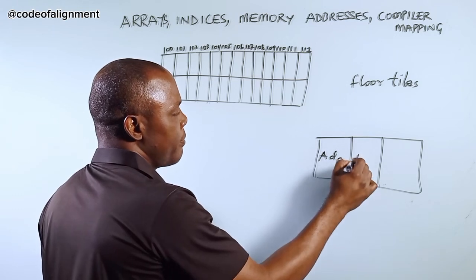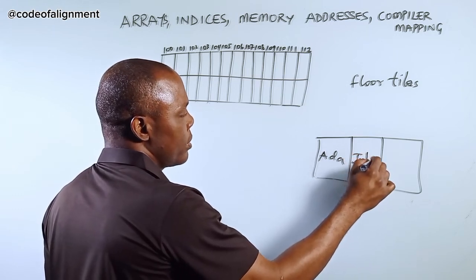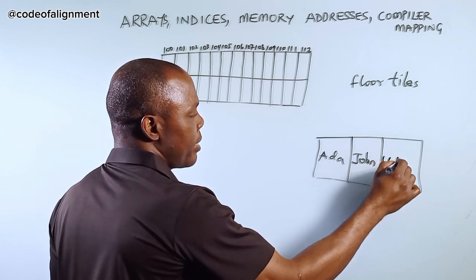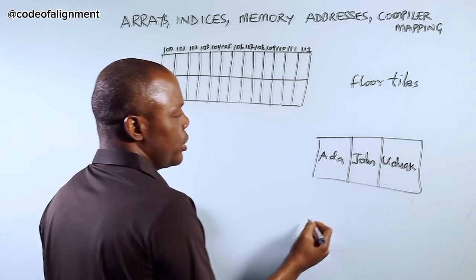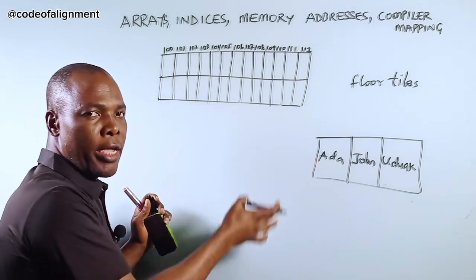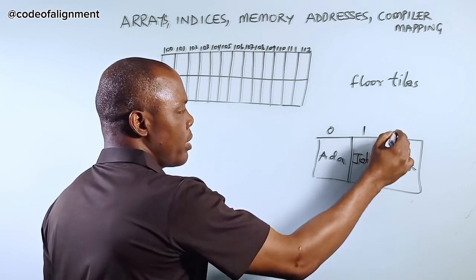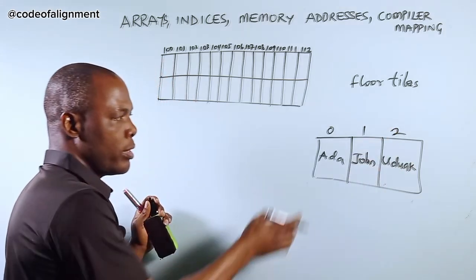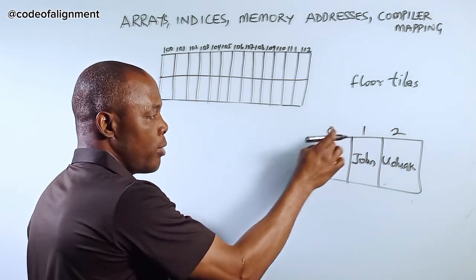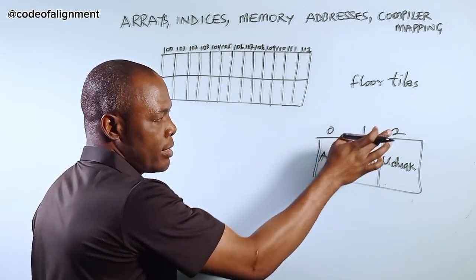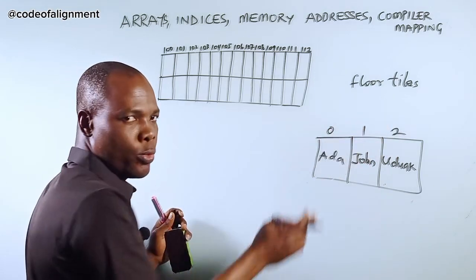We have John on the second chair, and then we have Udwak on the third chair. Now, we give these chairs numbers. So this one, we give it 0, and we give this one 1, and then we give this one 2. But we are giving these numbers like this, 0, 1, 2.